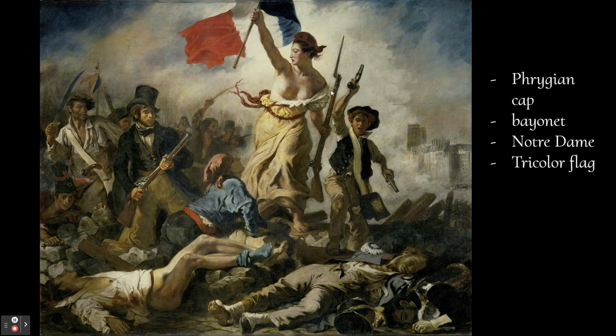And then in the other hand, she's holding a musket with a bayonet on it. Here's the word bayonet over here. The musket obviously is for shooting at people, and the bayonet they've used in hand-to-hand combat to stab people. So this is definitely showing we're not going to achieve these revolutionary ideals that we want without fighting.